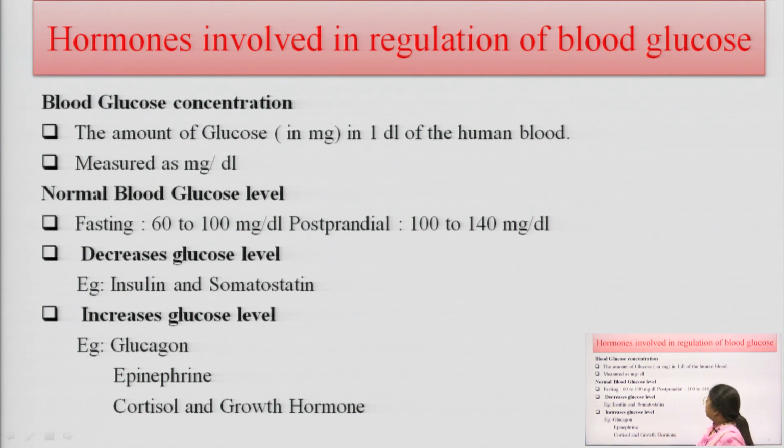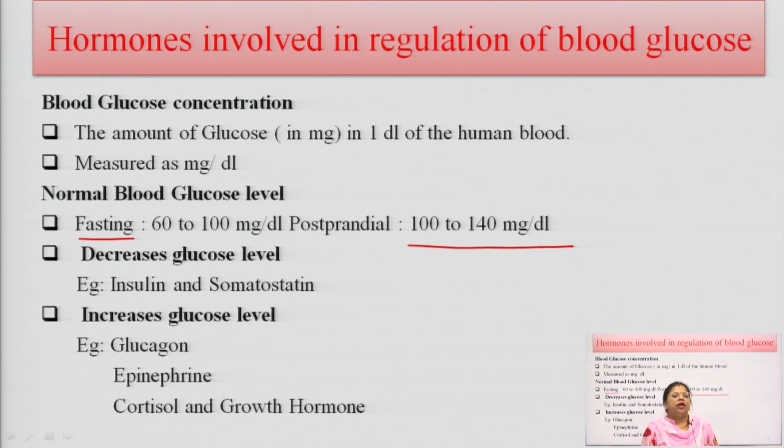So, the normal blood glucose level at fasting condition is 60 to 100 milligrams per deciliter, and postprandial, or after taking food, it is 100 to 140 milligrams per deciliter. So, this is the basic range of blood glucose level, which tells us that the blood glucose level is in normal condition.